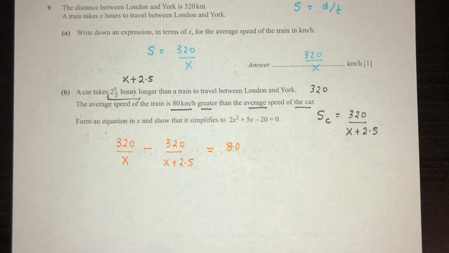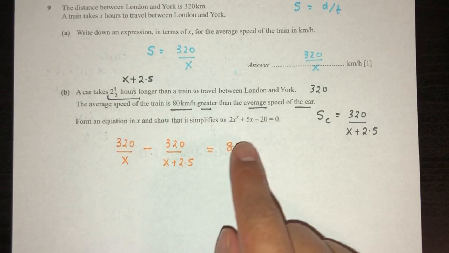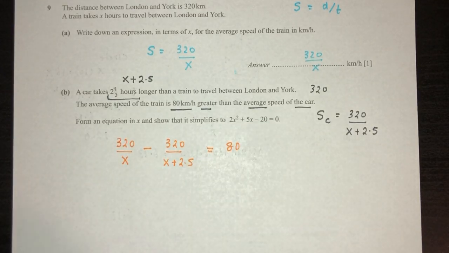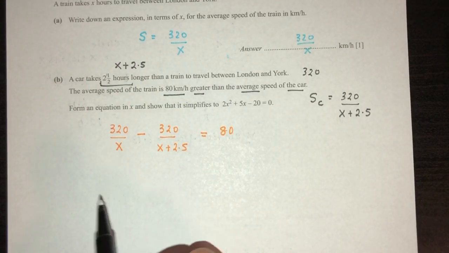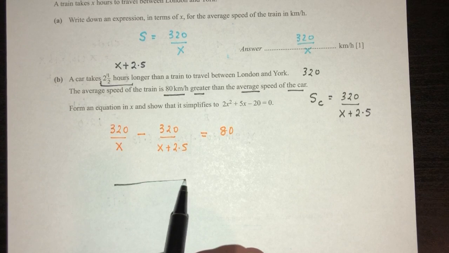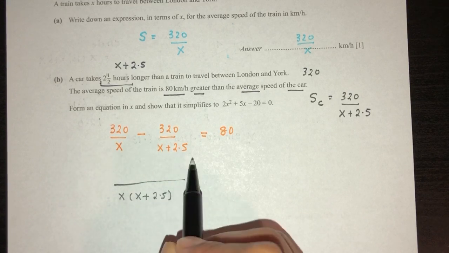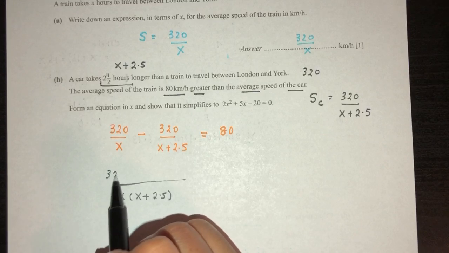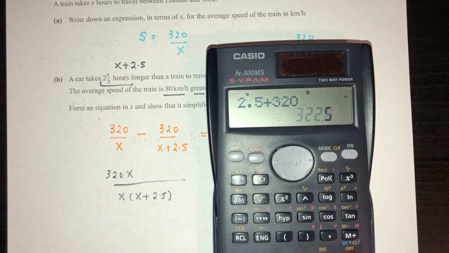So now we have to solve this equation to show this can be transformed into this. So one by one, let's first simplify this side. You will have the same base by cross multiplying. You will have x times x plus 2.5, and then we cross multiply. You will have 320 x plus 2.5 times 320.